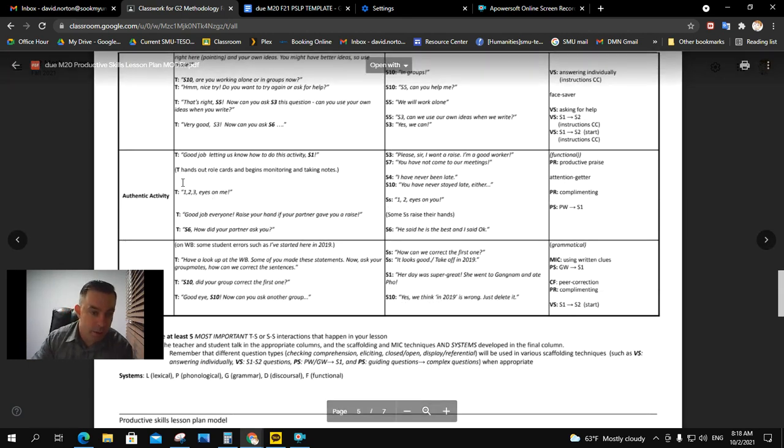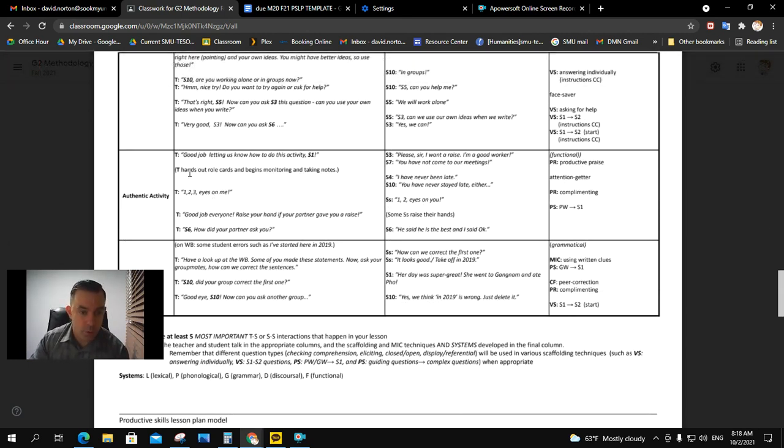Now in the authentic activity, just to show you how this can be done, I've kind of started in the middle. I didn't show the instructions or modeling of the instructions for the authentic activity, because I showed that in the restricted activity. So a more important interaction might be that I show what students are doing during the activity first.